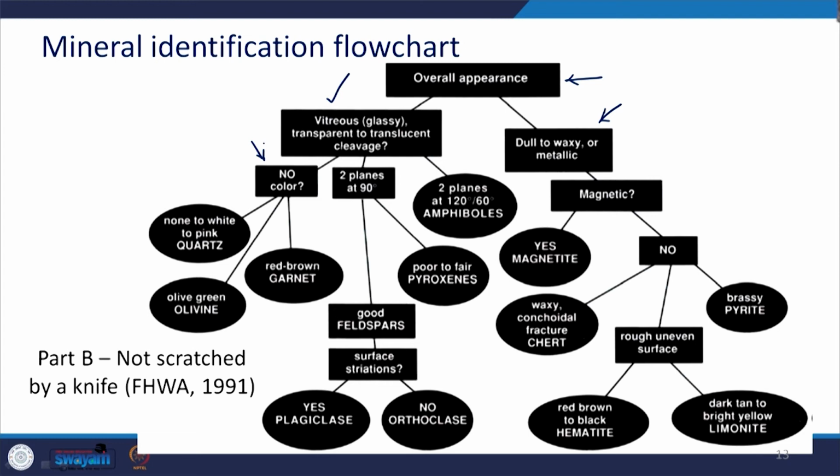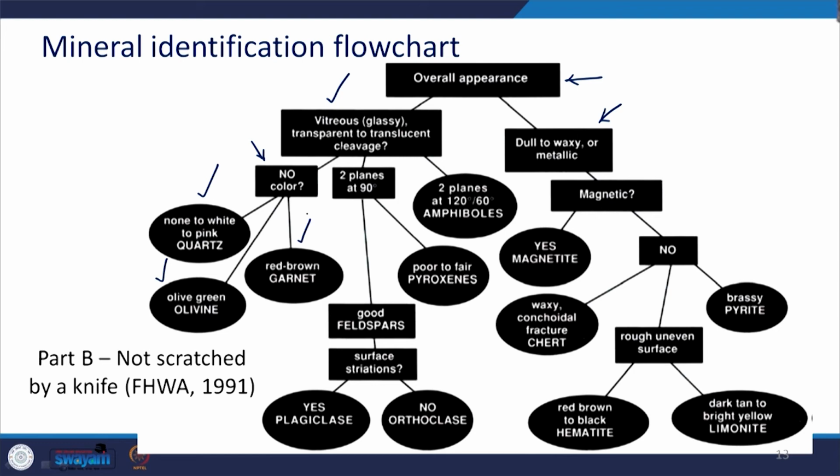So the question is asked, color or not. So we have none to white to pink, which gives quartz, it identifies quartz. If it is olive green, that is olivine. If it is red to brown, then it is garnet.